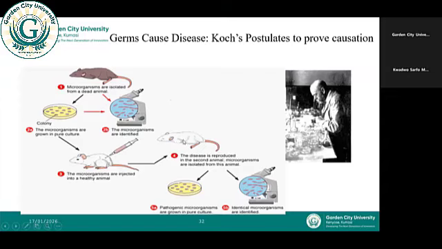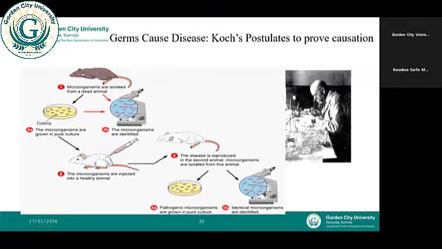So he took samples again from this healthy mouse that had died and then cultured on a medium, incubated for some time, and then observed under the microscope. Then he saw that indeed it was the same as what he had isolated from the first mouse that had died. So he was able to say that germs cause diseases.